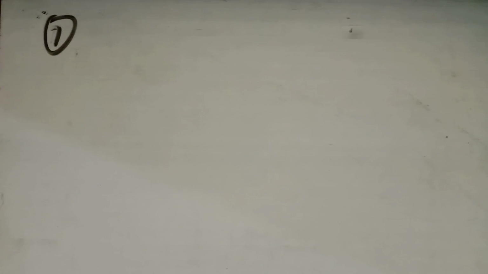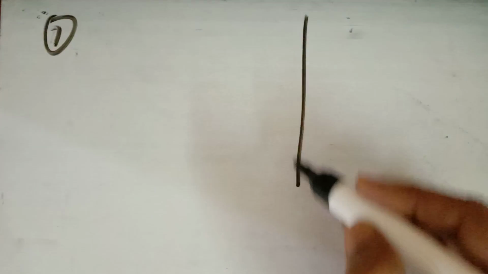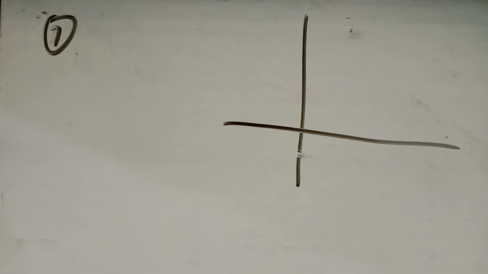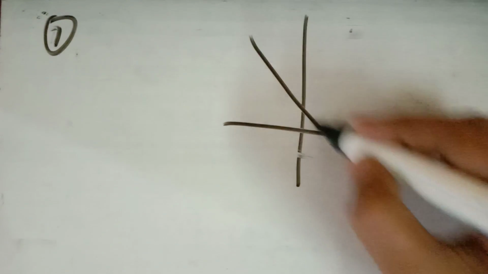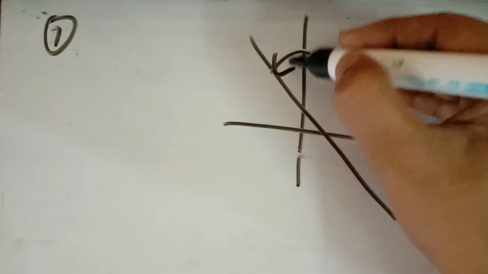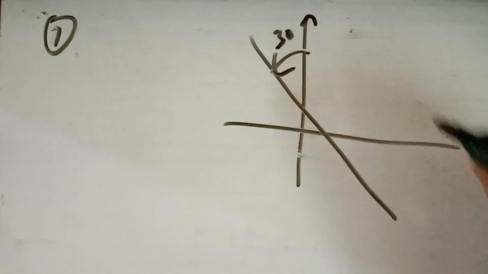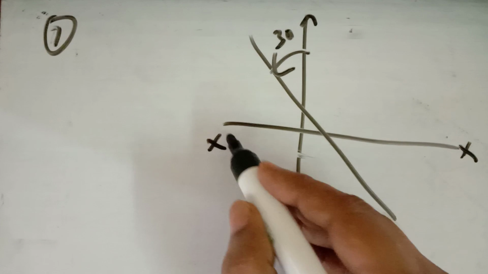find the slope of the line which is making an angle of 30 degrees with the positive direction of the y-axis. Now you have to find the slope of the line which is making an angle of 30 degrees with the positive direction of the y-axis. So be very careful.